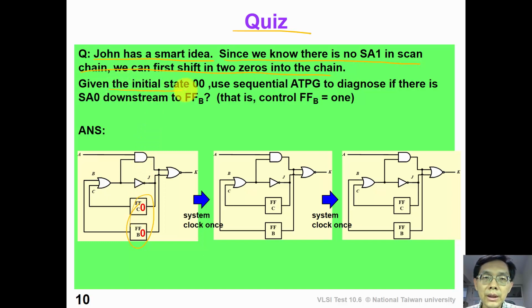Given the initial state 0-0, can we use sequential ATPG to diagnose if there is a stuck-at-0 fault downstream to flip-flop B? That means we want to control flip-flop B to 1. Is this doable? Now please pause the video and think about this question.